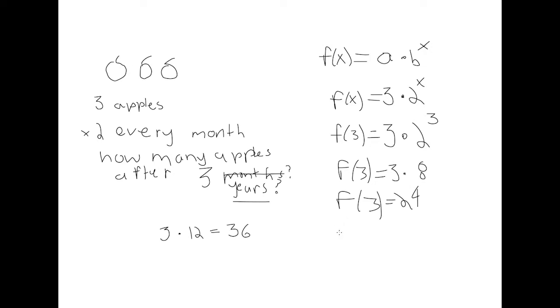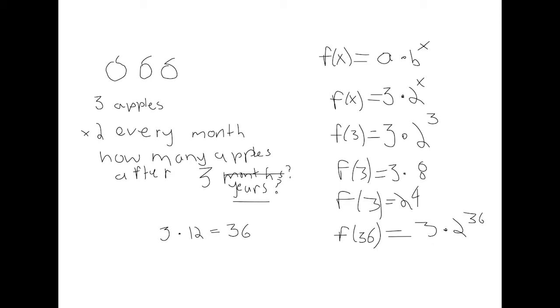Now, if we plugged it in, we would have to say f of 36, right? Because we had to convert it to months, right? So it's very important that you note that whatever your unit of time is, so in this case it's months, you'll have to convert to that. So f of 36 equals 3 times 2 to the 36.